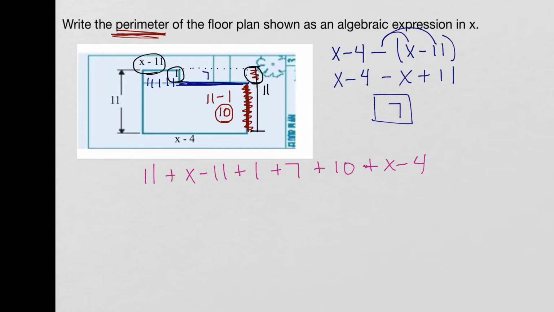Okay, now we'll go back and we'll sum up all the like terms. So if you look at 11 minus 11, those subtract out. Then we'll go ahead and look at our x's. We have x plus x. That gives us 2x.